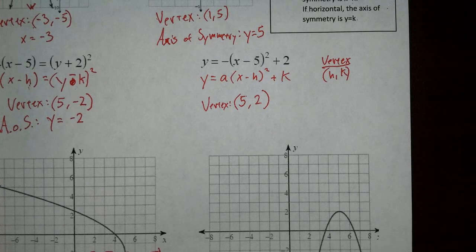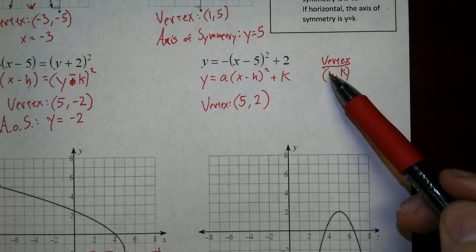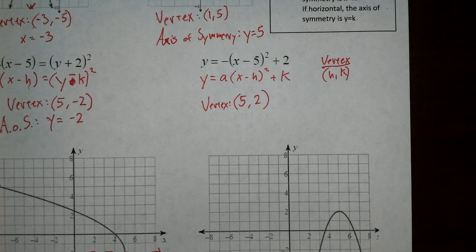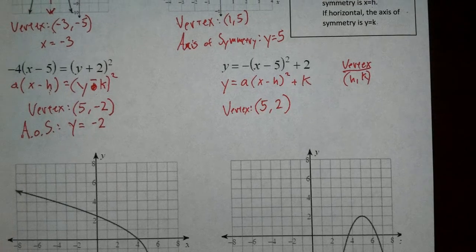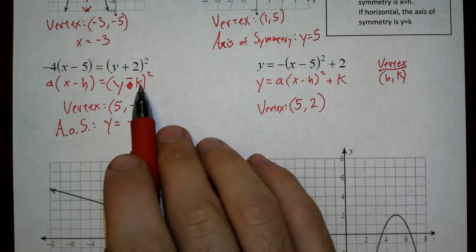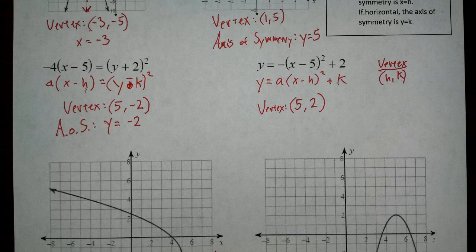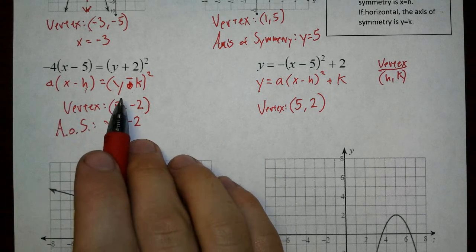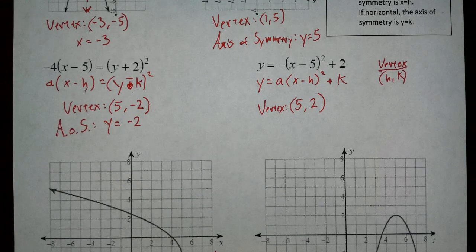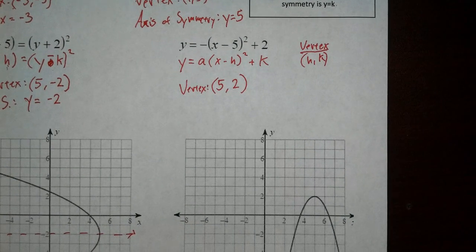Many different ways you can think of this, but please always remember that our h value is always associated with x, and our k value is always associated with y. And looking back really quickly, that's why we drew our h over here with our x, and our k with our y. They always want to go with each other. X comes before y, h comes before k, so they associate with each other. Alright, so that is our vertex.